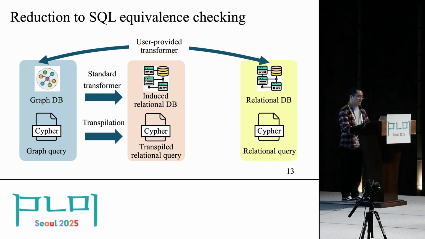Then, it applies a correct-by-construction transpilation technique to generate a transpiled relational query that is provably equivalent to the original graph query modulo this standard transformer. Based on these two transformers, we can construct a residue transformer to ensure data equivalence between the induced and the target relational databases, and it also serves as a specification for the subsequent verification process. Finally, an off-the-shelf sequence checker can be used to check equivalence for these two relational queries.